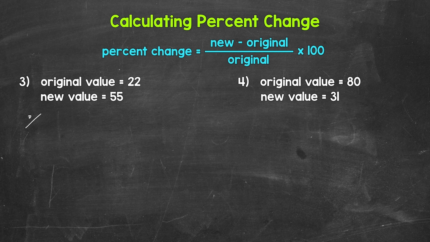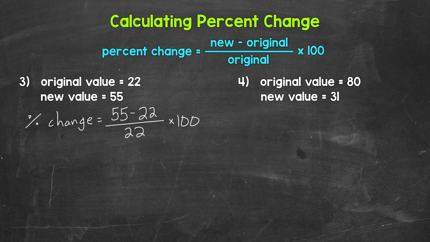So percent change equals the new value, 55, minus the original value, 22, divided by the original value, 22, times 100.